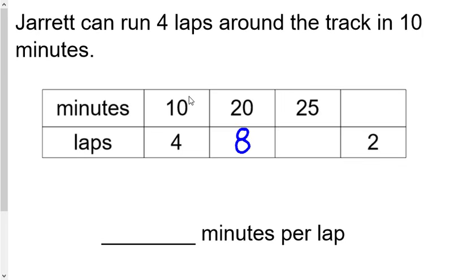And definitely, from 10 to 20, there's a mathematical relationship. 10 is a factor of 20, so I can say 10 times 2 is 20. So the idea of a scale factor is that I would have to do the same thing to the 4 to get my missing number. Well, 4 times 2 does give me that same answer of 8. So if he ran for 20 minutes, he would be able to run 8 laps.